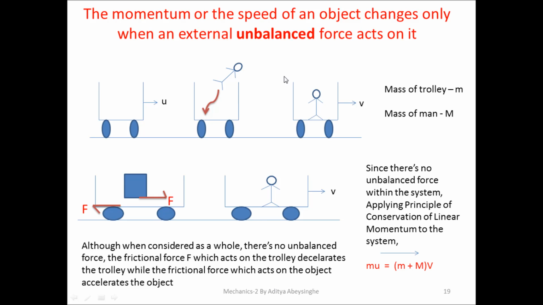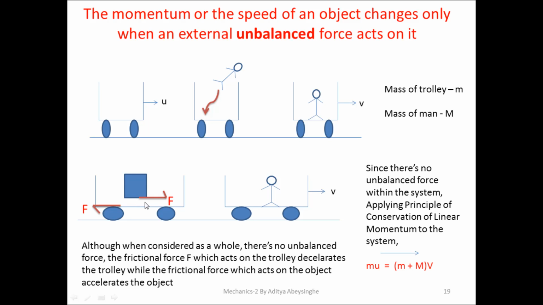Now what happens when this person lands on this object, and when this person gets away from this object? When this person lands on this object, the initial velocity is u, the final velocity is v, the mass of the trolley is m, and the mass of this man is capital M. When this man falls on this object, there's a friction between these two surfaces, because this is a rough surface here.